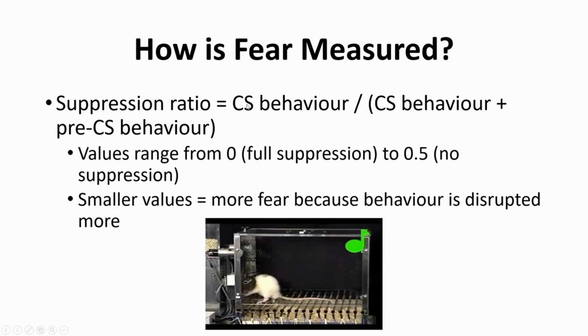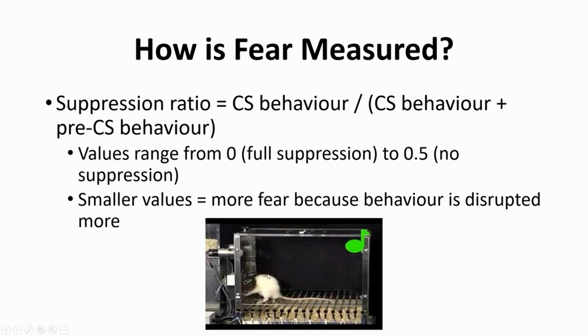So if the shock or loud sound has happened, how much activity are they doing? And you're going to divide it by a combination of that behavior that they do after the conditioned stimulus has been presented, plus how active they were before that conditioned stimulus was presented. So the pre-conditioned stimulus behavior.